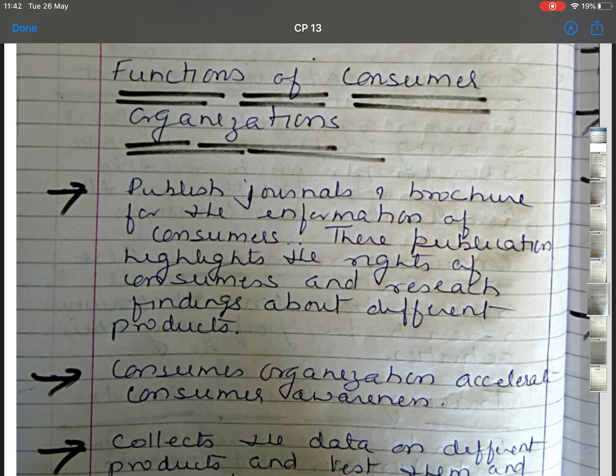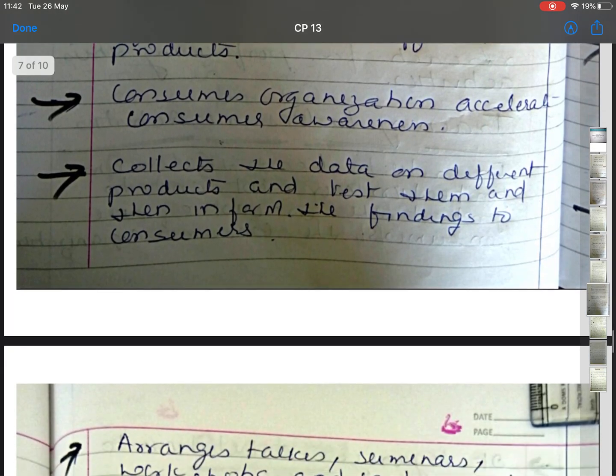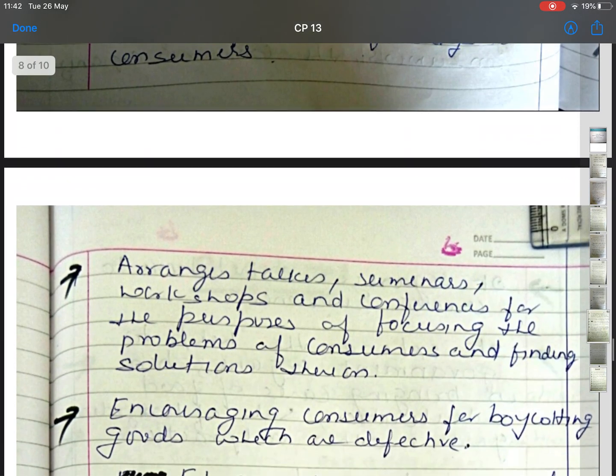These publications highlight the rights of consumers and research findings about different products. Then, consumer organizations accelerate consumer awareness. Consumer organizations collect data on different products and test them and then inform the findings to the consumers.